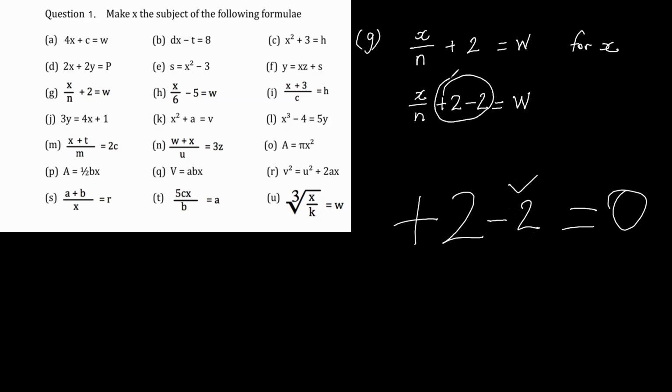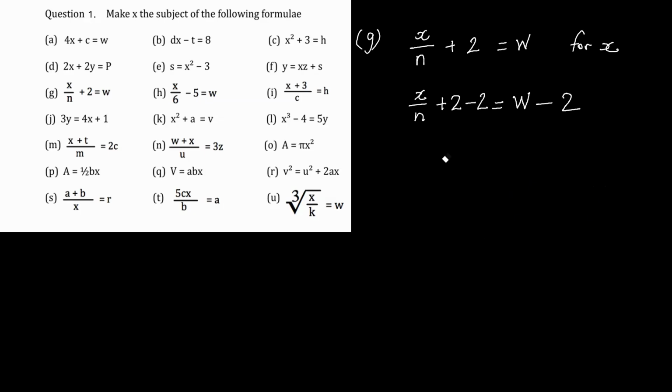Whatever you do on one side, you do on the other. So plus 2 minus 2 is 0, so we could just delete it. So it's x over n equal to w minus 2. Faith, do you understand that? What did I do? I got rid of the 2 by subtracting 2.